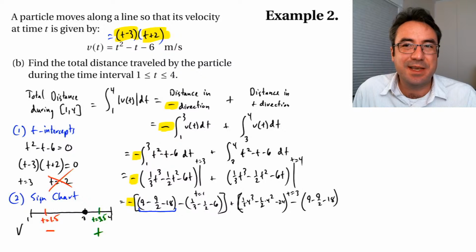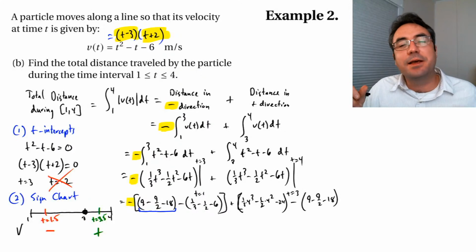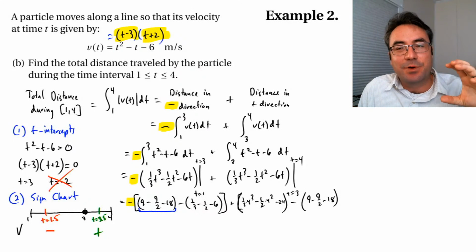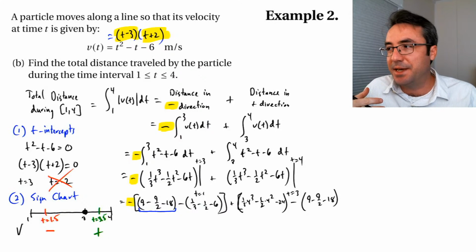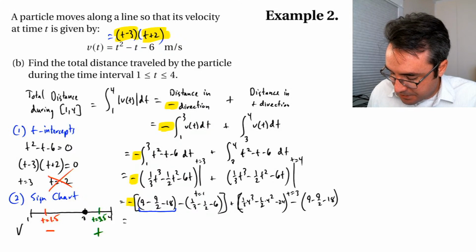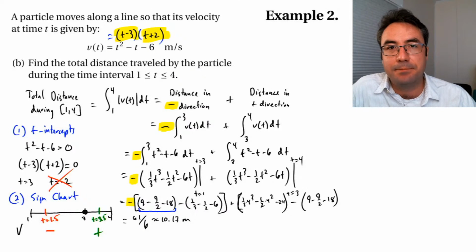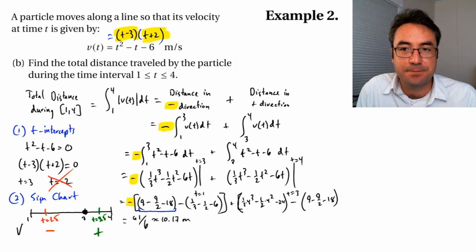When you do these, you can kind of do them in parallel like this, or you might just do one integral and then completely separately do another integral and then just add the results at the end. In either case, we end up with 61 over 6, which is approximately 10.17, and our units here are meters.